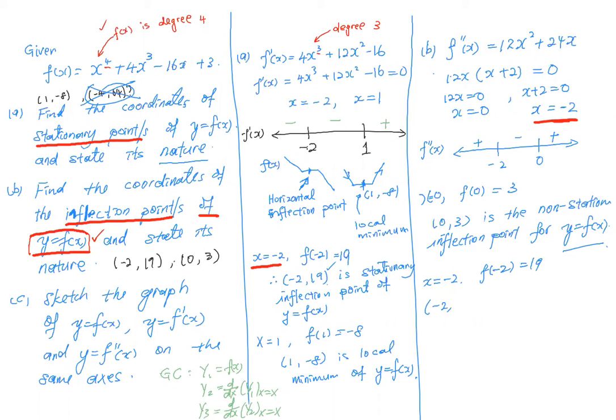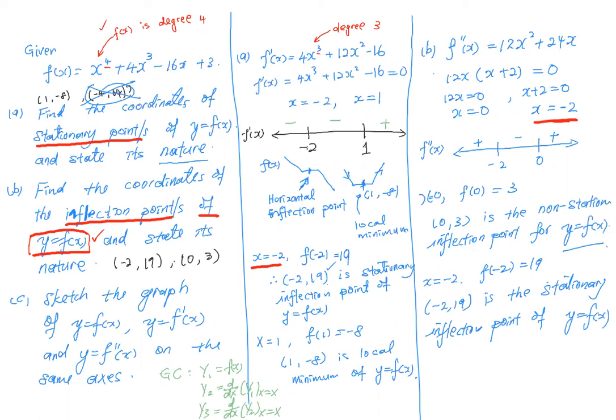The question wants you to do so, is the stationary inflection point of y equal to f(x). Okay, got it? So that is how we determine the nature of the stationary point and the nature of the inflection point.